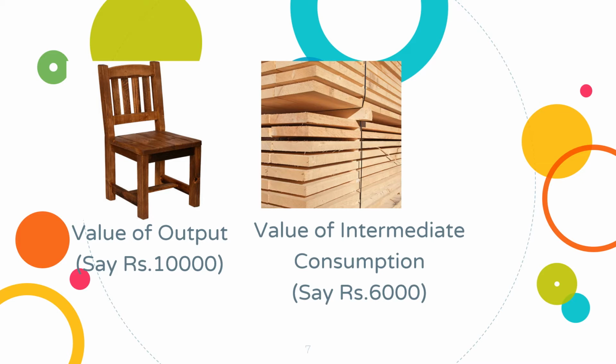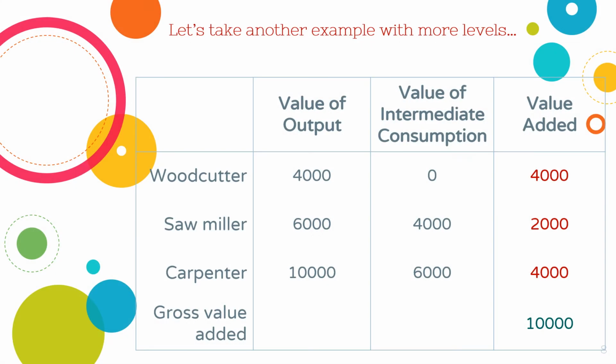Well, at this particular level, what would be value added? What I have to do is subtract the value of intermediate consumption from the value of output, and that will give me the value added, that is rupees 4,000. 10,000 minus 6,000.